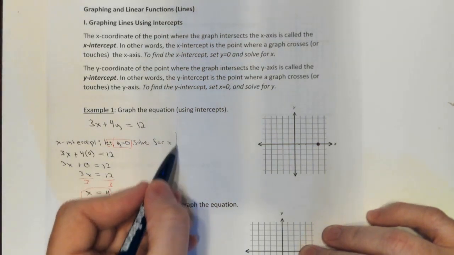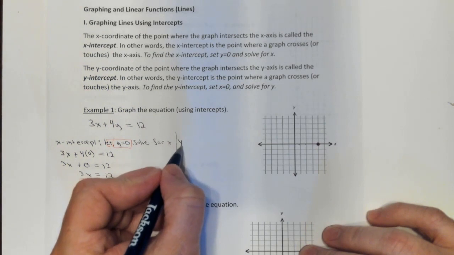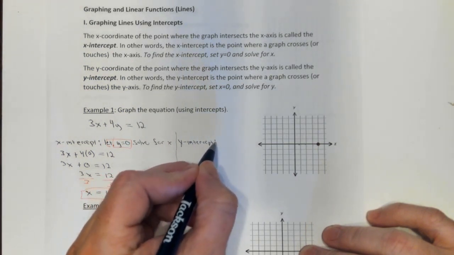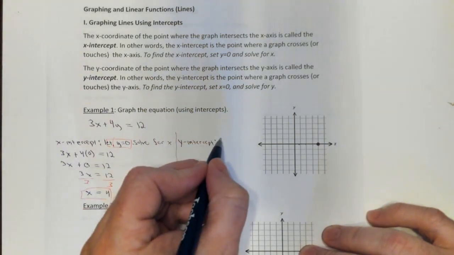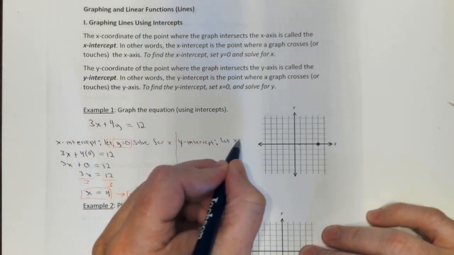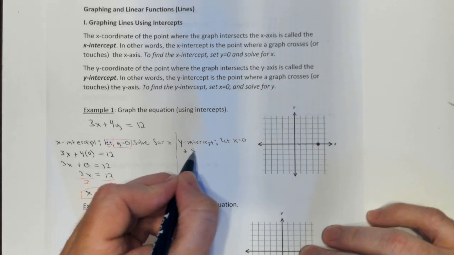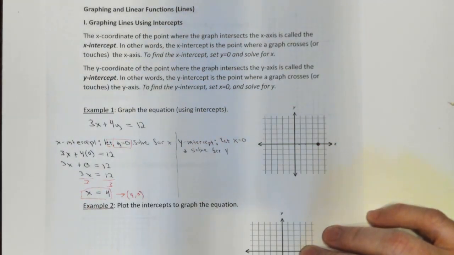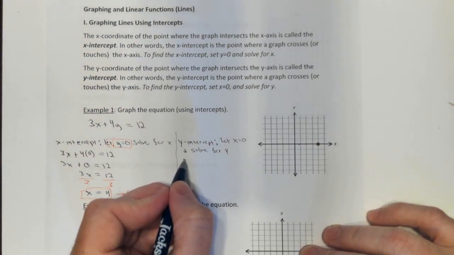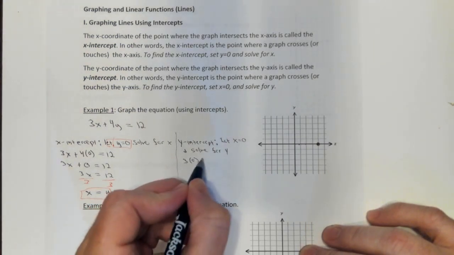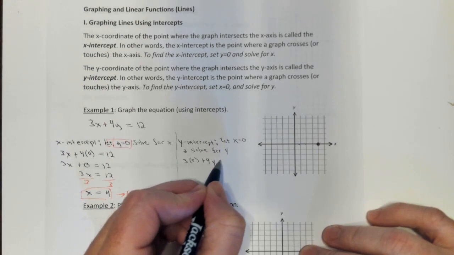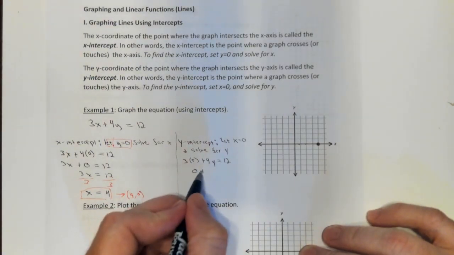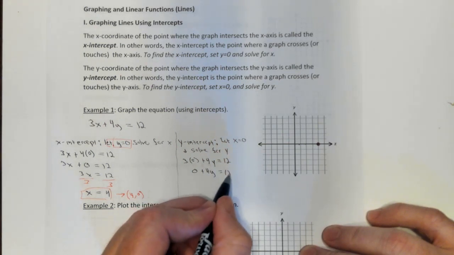Now we have to find the y-intercept. Same thing, you're going to set x equal to 0 and solve for y. So we set up our equation, 3 times 0 plus 4 times y equals 12. 3 times 0 is 0. 4y equals 12.